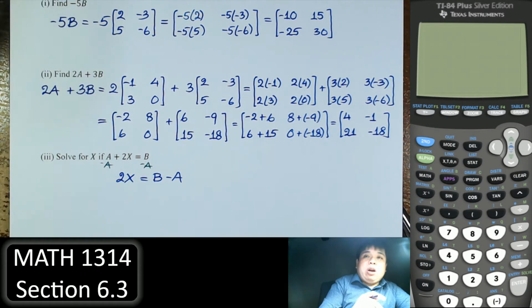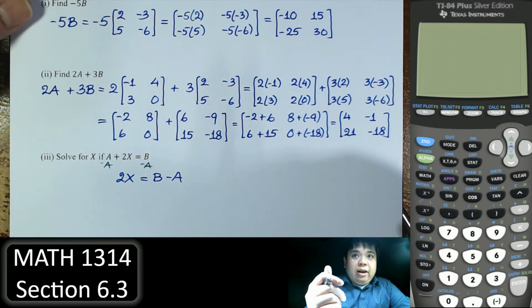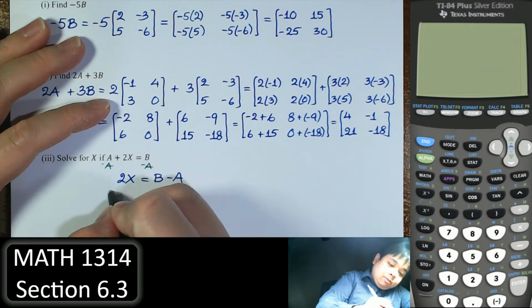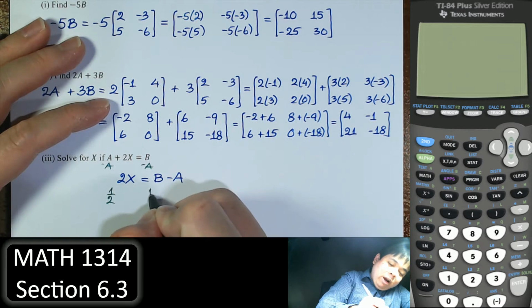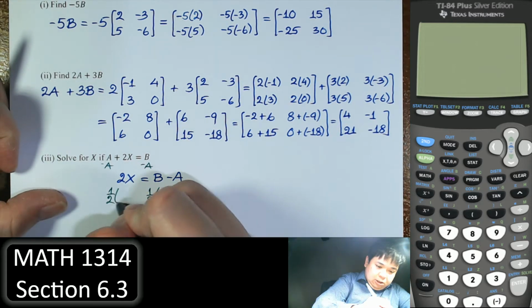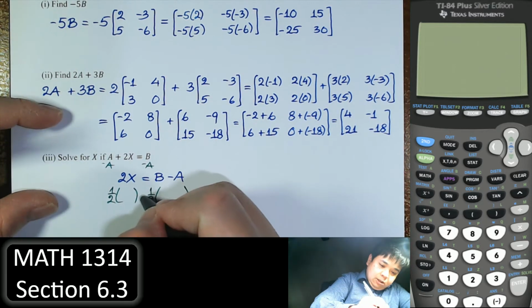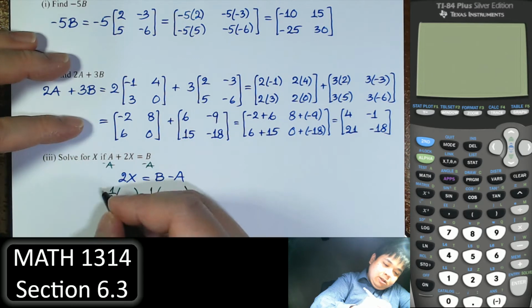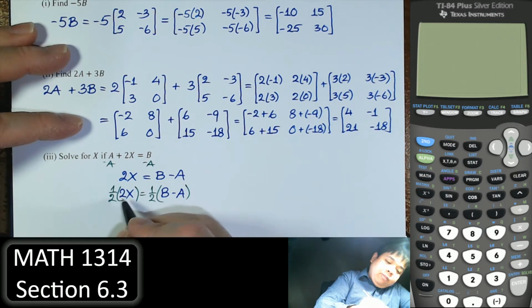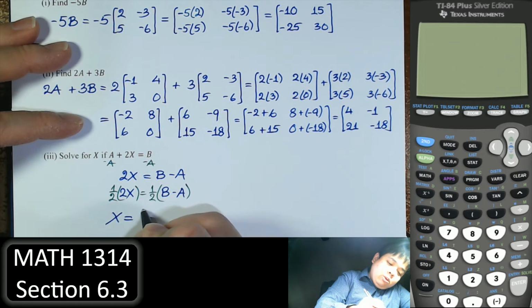Remember, we don't really have division here. What we do instead is multiply by 1/2 on both sides. So that gives us x equal to 1/2 (B minus A).